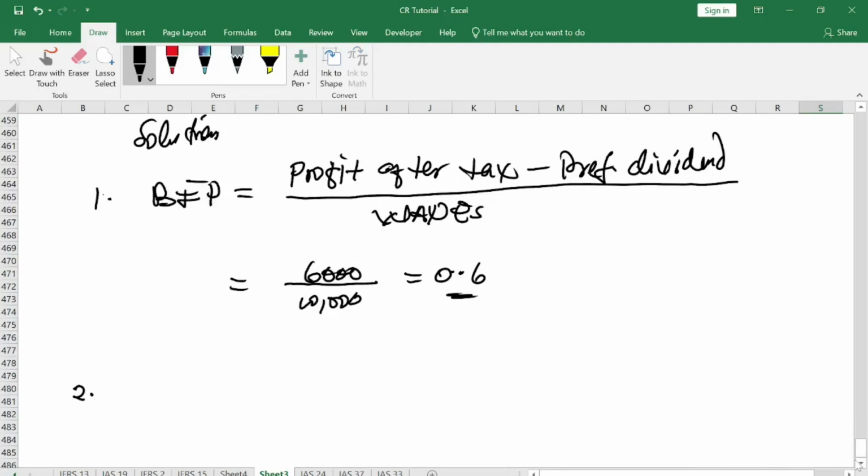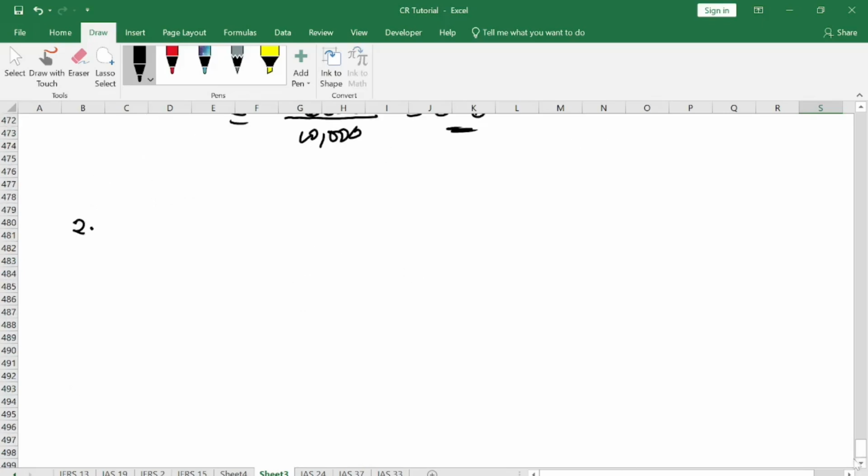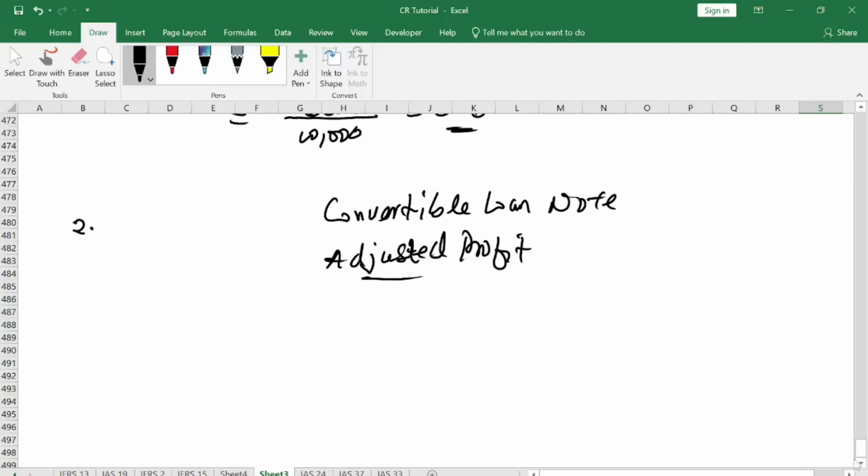Second step is to find the diluted earnings per share. This is where the convertible loan note comes in, because it's a debt. When you are coming to do your conversion, you start with your adjusted profit.